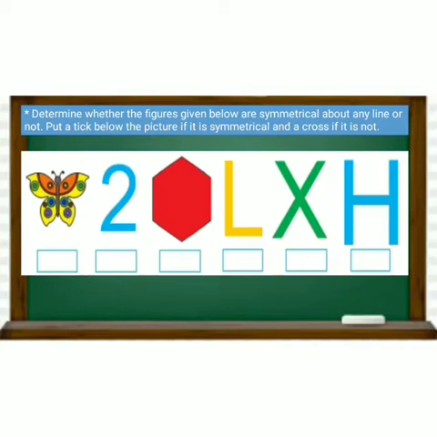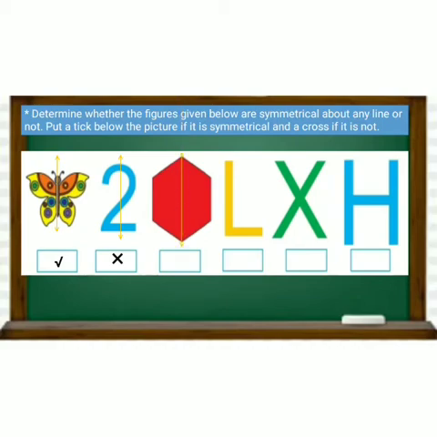Now if we take the first figure and divide it along the dotted line, then it is symmetrical, so put a right mark over there. Next figure, if we take a dotted line, then it is not symmetrical, so put the cross over there.